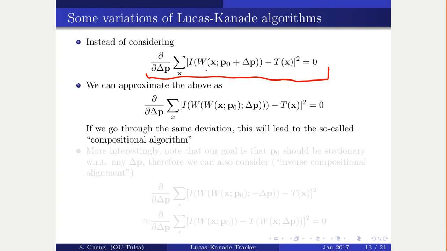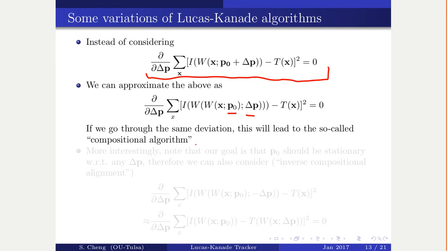Now, what we did is that we warped the image with parameter p0 plus delta p, but instead we can really warp the image twice. We can warp the image first with p0 and then warp again with delta p. And if we continue to derive just like what we did previously, we will get an algorithm known as a compositional algorithm.